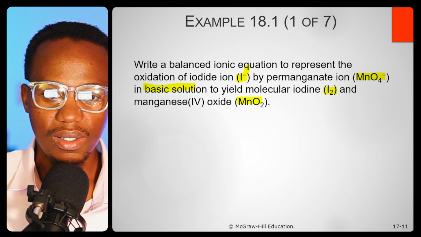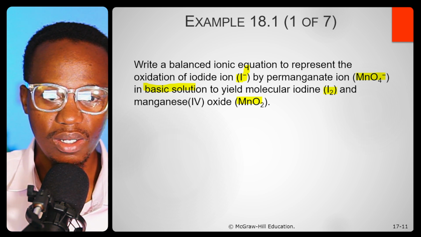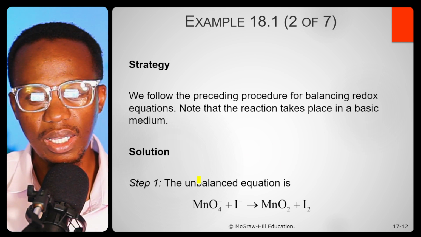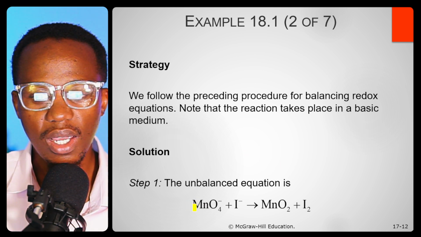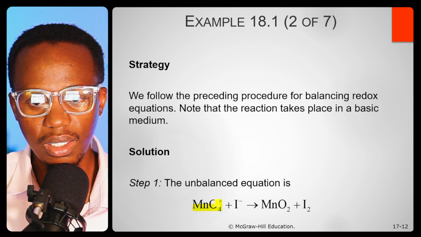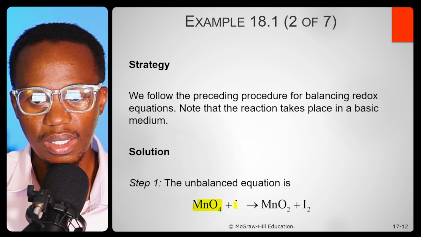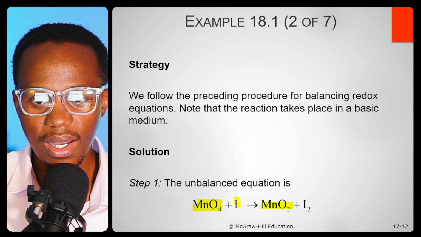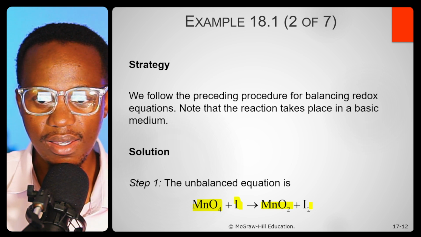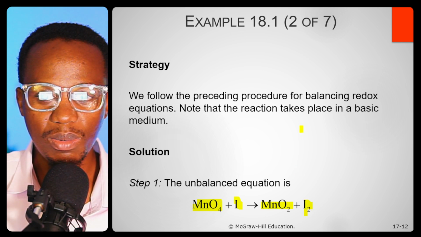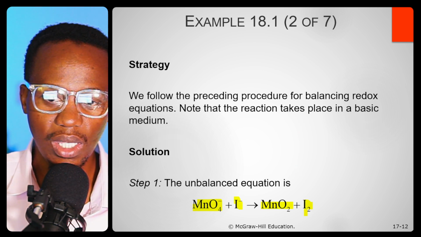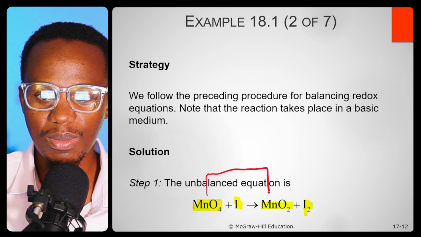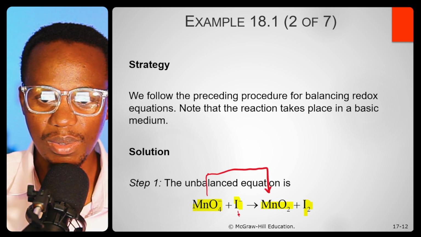So step 1, the equation is given in the question. So this is a permanganate ion, MnO4 minus, becomes MnO2, and I negative becomes I2. No problem, right?